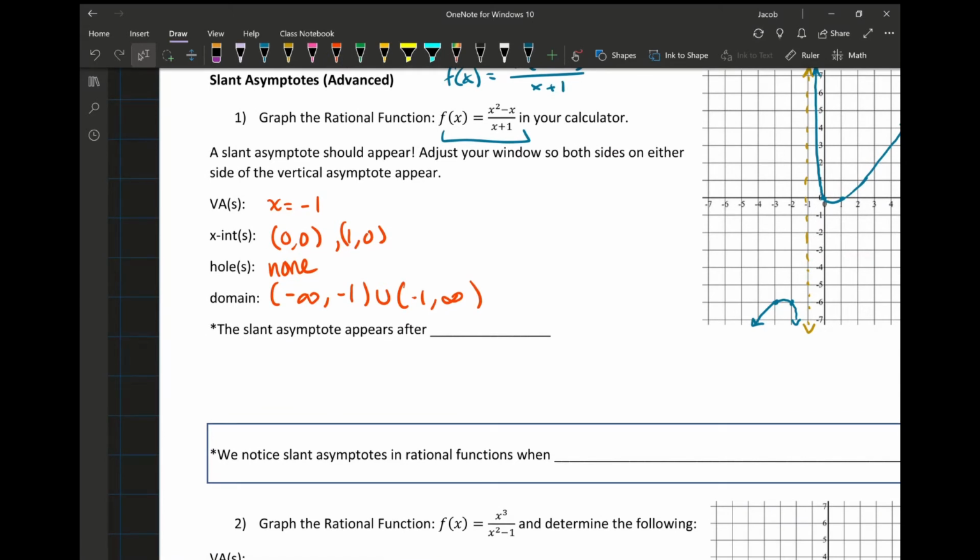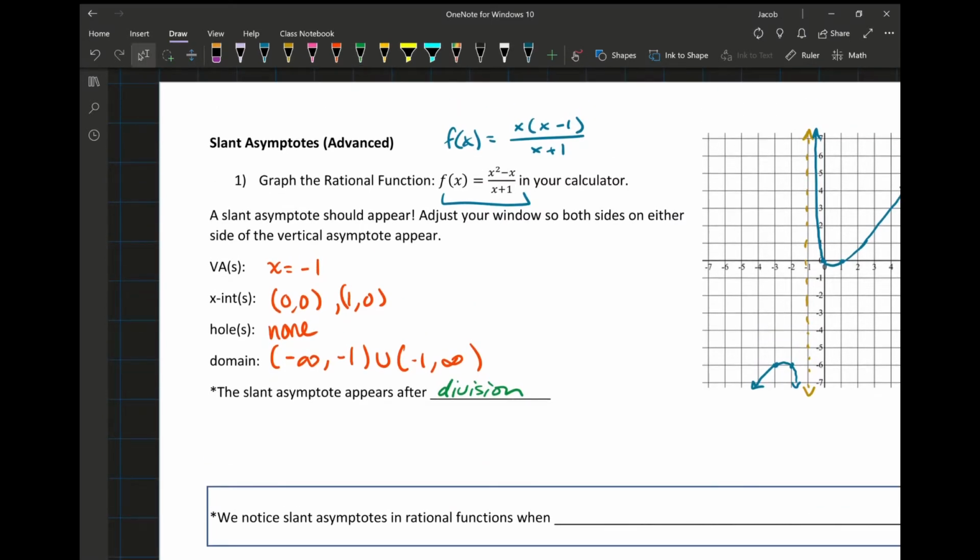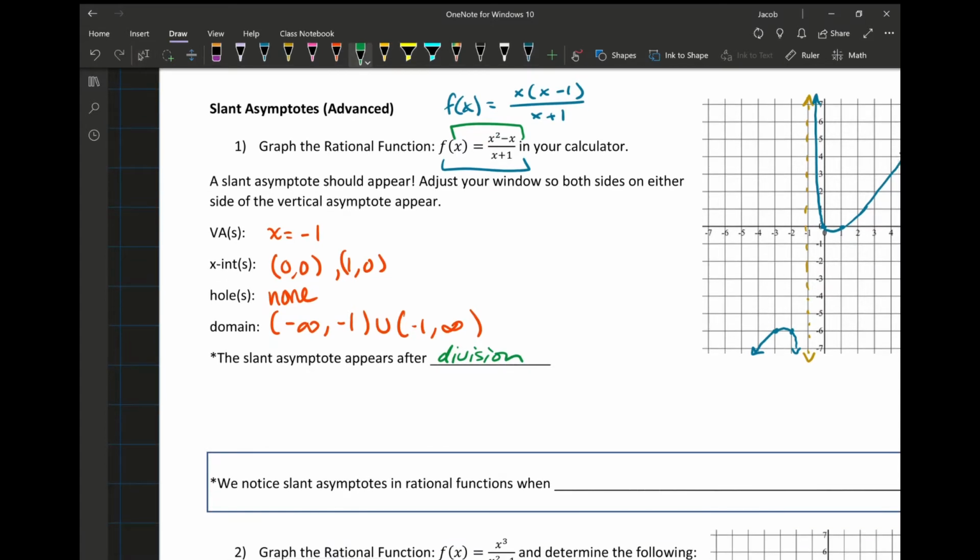Now, our slant asymptote will appear, or we'll be able to see it after we divide, so after division. And the best way to divide this function that we've got is to use our synthetic division. If you want to do long division on this function, you can, but synthetic division is easiest.